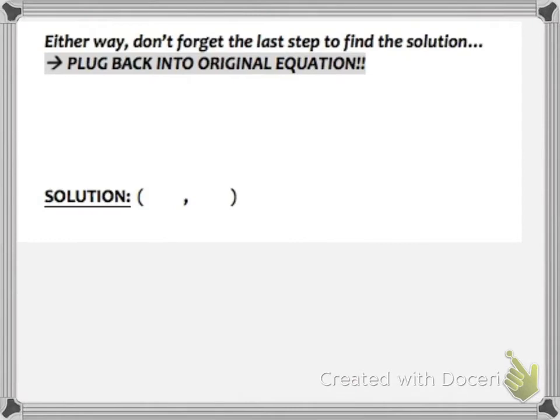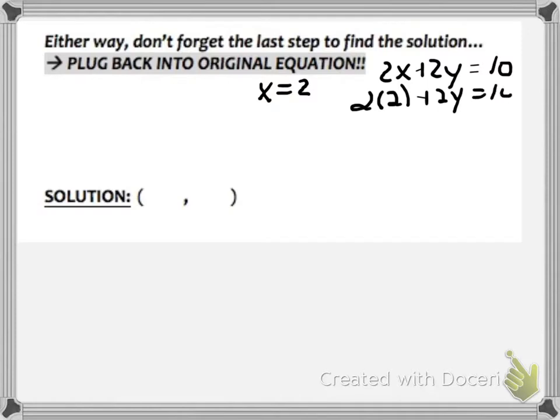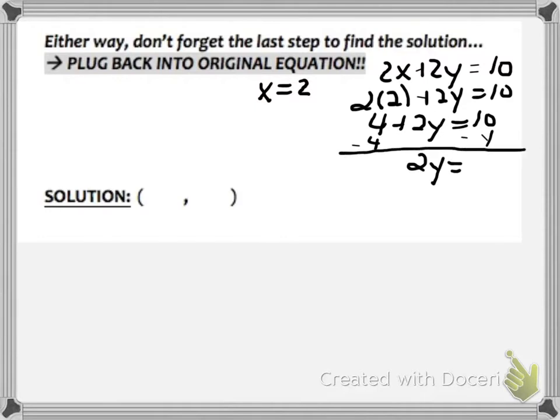Alright, so my equation was 2x plus 2y equals 10, and we found that x was equal to 2. So we're going to plug this back in to find out what y should be, and we'll get 2 times 2 plus 2y equals 10, and 4 plus 2y equals 10, minus 4, 2y equals 6, divide by 2, and y equals 3.